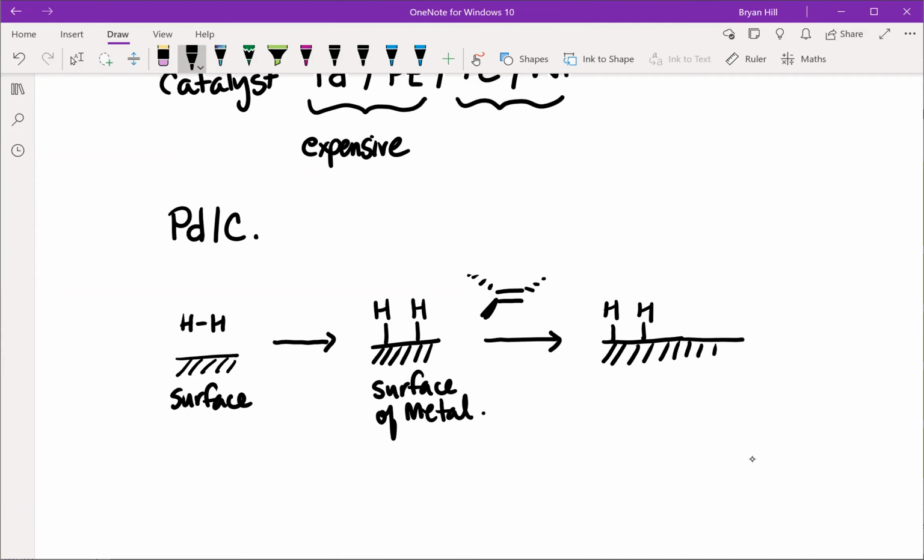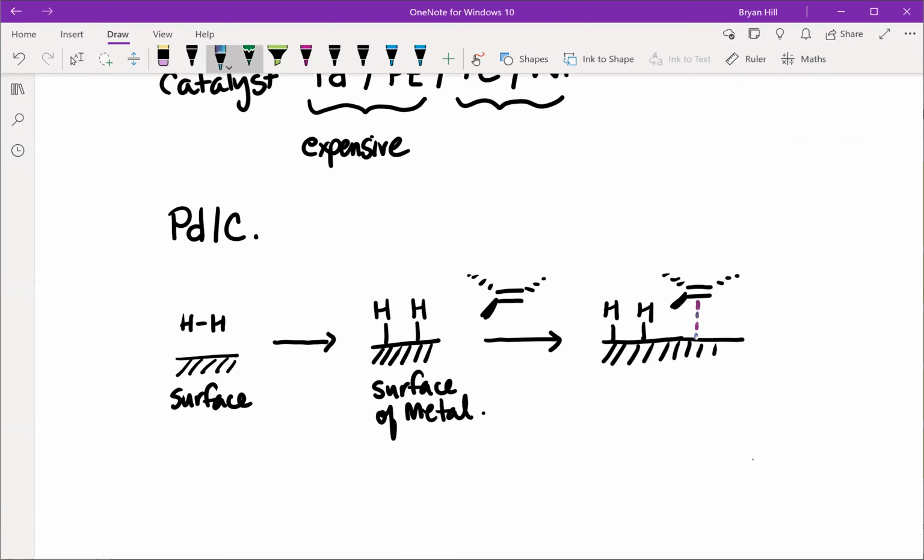Probably the easiest way to draw this, although it's not exactly 100% correct, is that the alkene itself interacts with the surface of the metal. I don't want to draw a formal bond here, but this is forming an interaction with the surface of the metal.